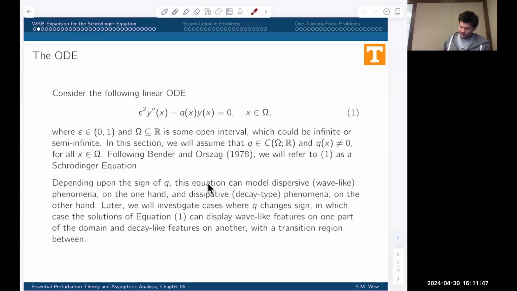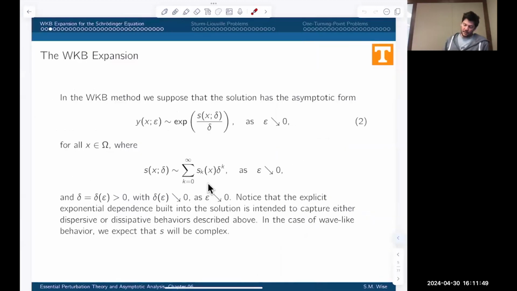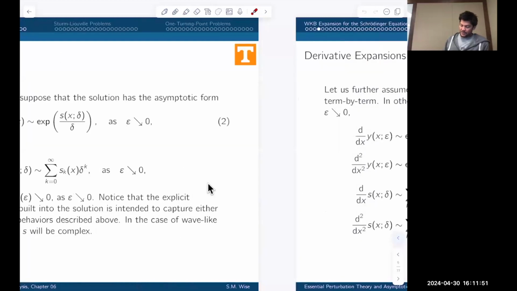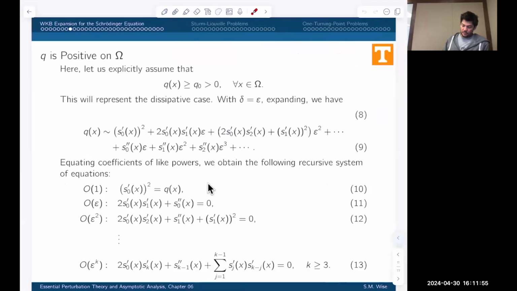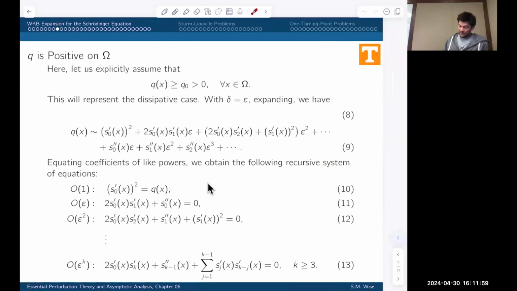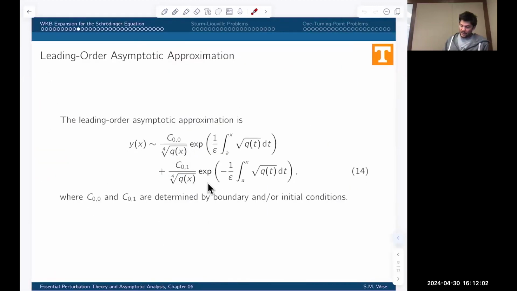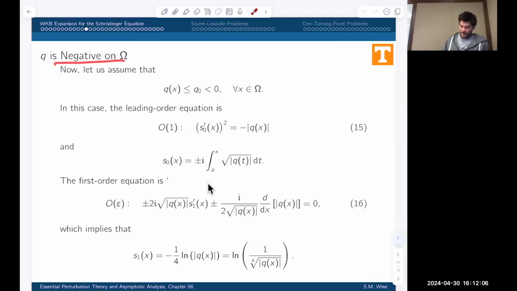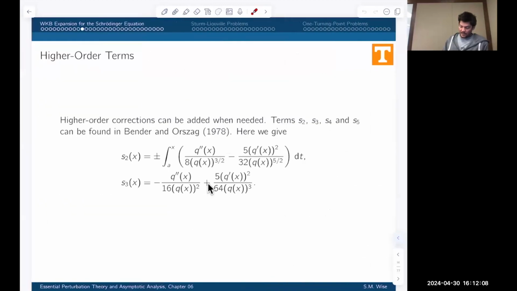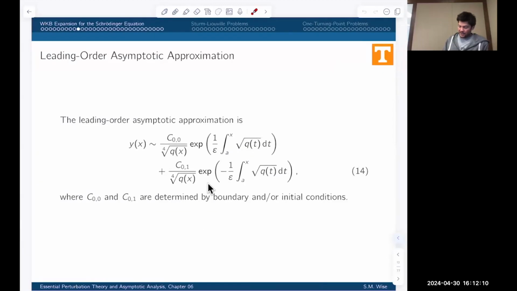So we derived the equations under these assumptions, that at first Q was positive, and then we derived the asymptotic approximations in the case where Q was negative. When Q is positive, we're going to get an expansion which looks something like this.